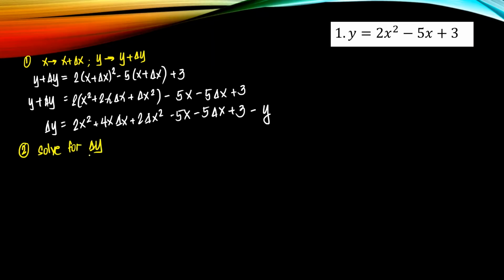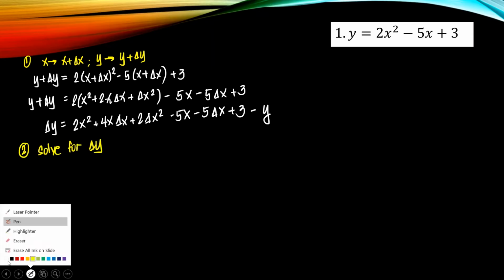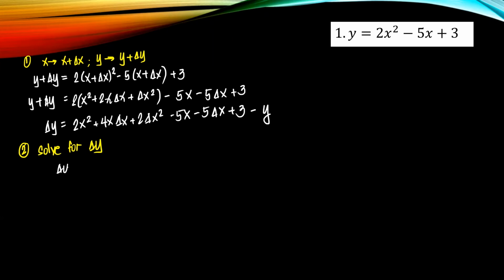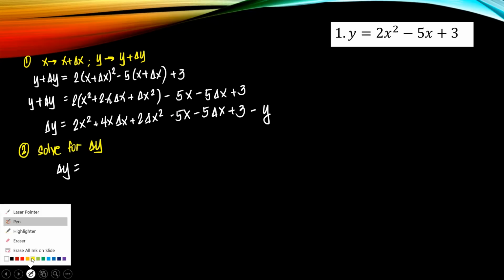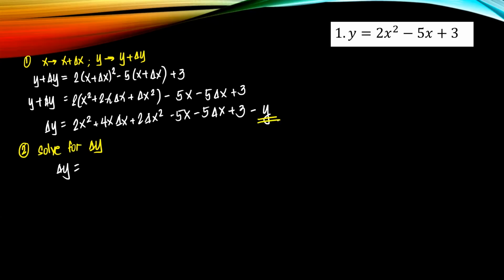Solve for delta y. So let's simplify as we are solving. Delta y is basically, take note, what is y equal to, guys? What is y equal to? The original problem is 2x squared minus 5x plus 3. That's the given.